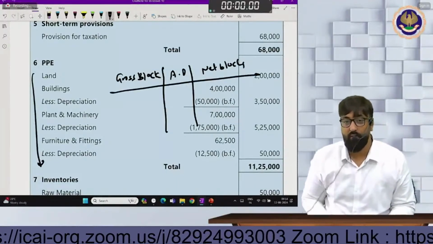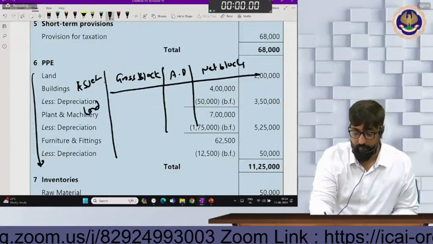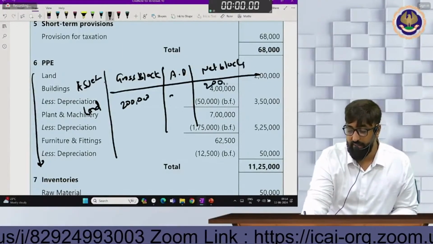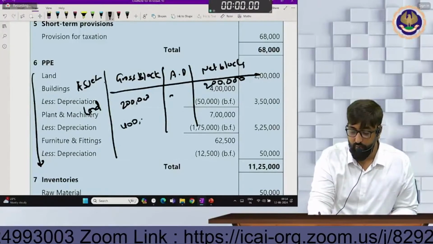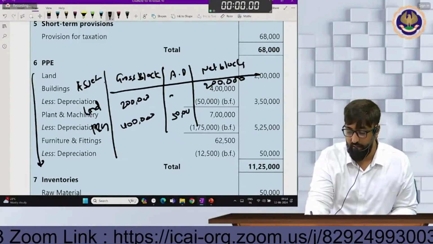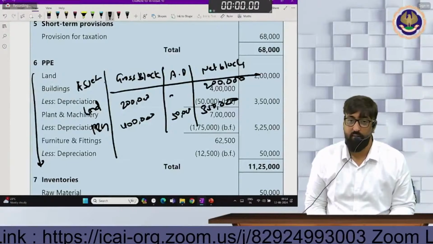Gross block for each asset. So land, what is the gross block? 2 lakhs. On land, we do not have depreciation. So 2 lakhs. Then you have plant and machinery, 4 lakhs. Depreciation, 50, and 3,50,000 will be your net block. Got the concept?